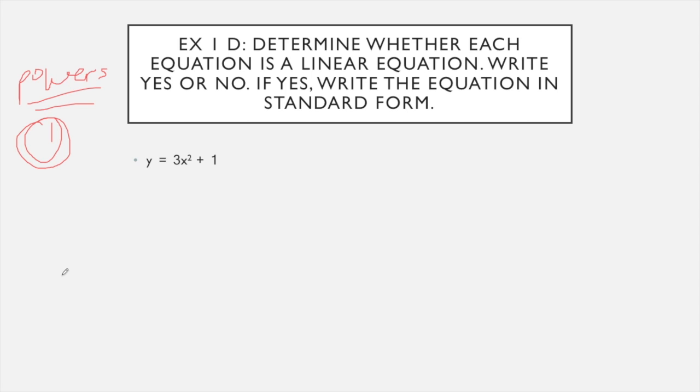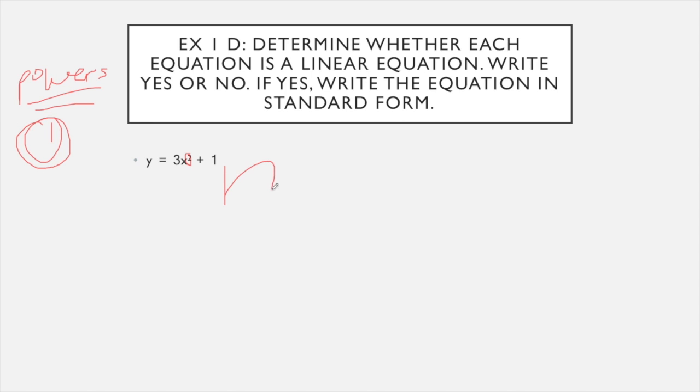They're not constant in any way, and those are not linear. So, looking at this, we see right here we have a superscript 2. That means it is squared. That is to the power of 2. That's going to give us what we call a quadratic equation, which is very different from a line.